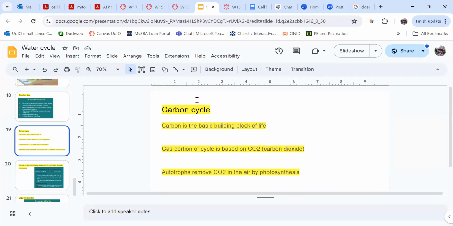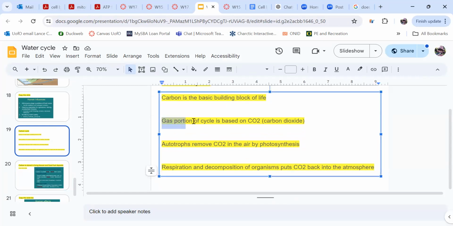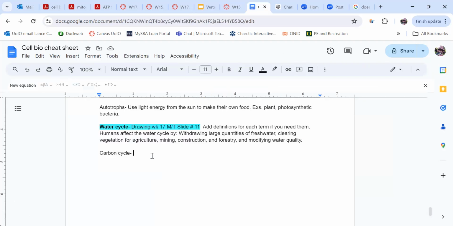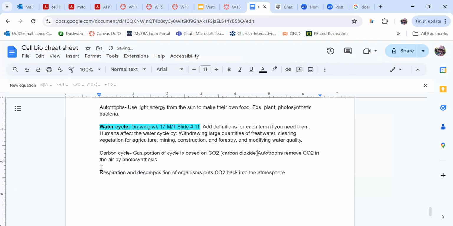Carbon cycle. You don't need to put on there that carbon is the basic building block of life. We know that. Gas portion of cycle is based on CO2, right? Carbon dioxide in the atmosphere. Autotrophs remove CO2 in the air by photosynthesis, and respiration and decomposition of organisms put CO2 back into the atmosphere. That's a really good explanation of the carbon cycle right there. So we're going to put that in good order here.